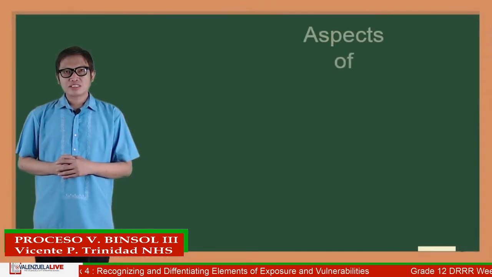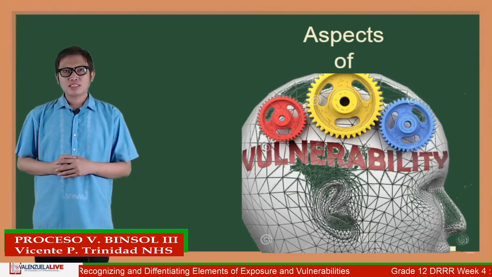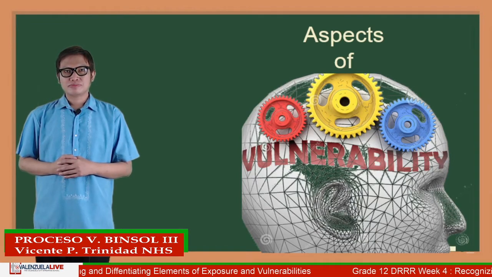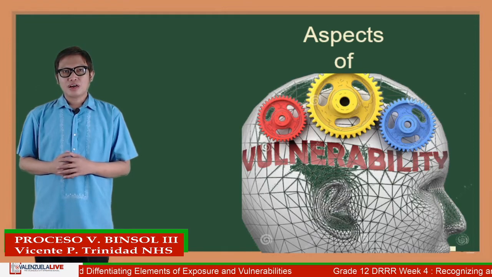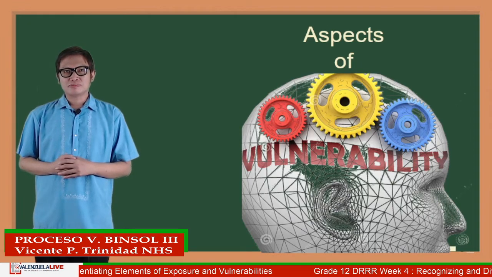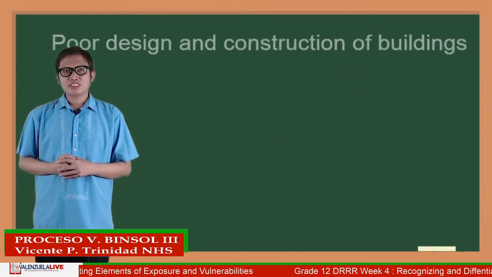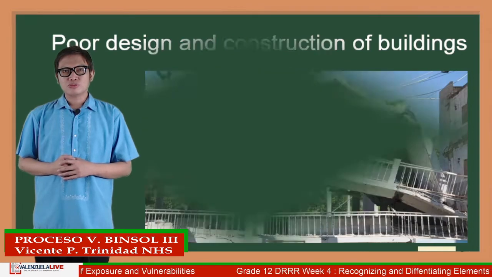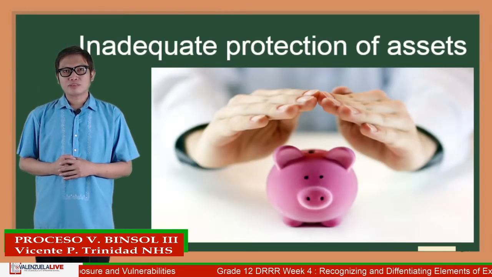There are 5 aspects in vulnerability. What do you think are these 5 aspects of vulnerability? Here are the different aspects of vulnerability. Number 1, poor design and construction of buildings. Number 2, inadequate protection of assets.